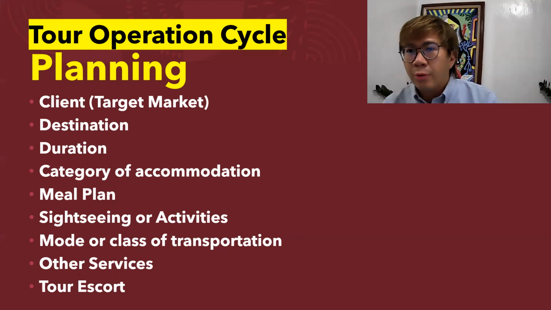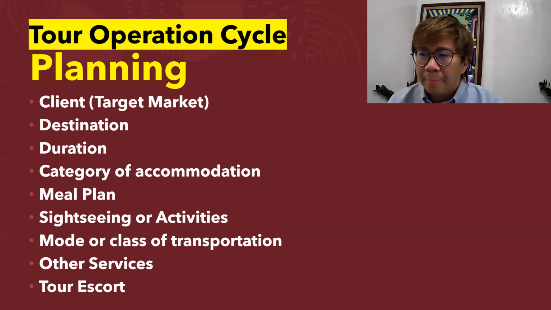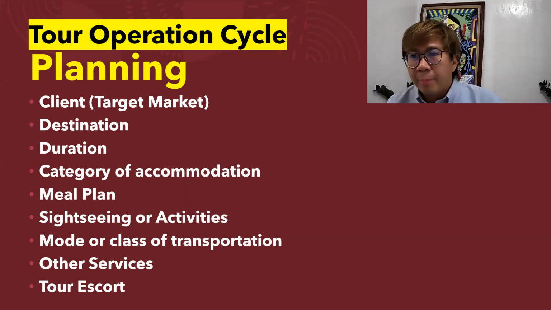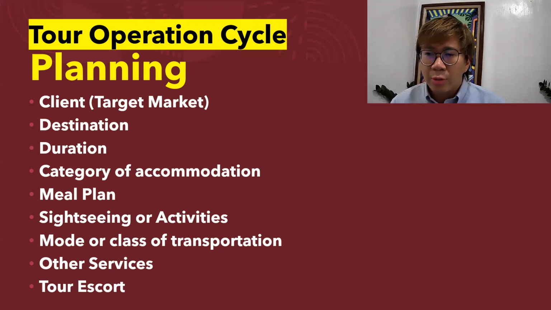Now, if you're a tour operator that would like to sell common tour products, appealing to a broader perspective of clients, your tour package should appeal to a wider audience. It is what we call a multi-purpose package.